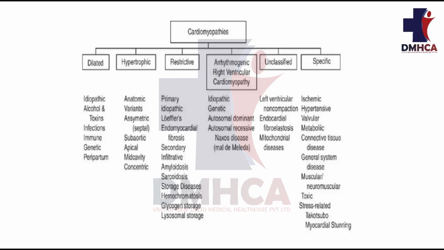Dilated cardiomyopathy may be idiopathic, alcohol-related, or due to infection, like now COVID infection also causes it. Genetic and peripartum cardiomyopathy are also considered dilated cardiomyopathy. Hypertrophic, you must be knowing, has a subaortic, apical, or mid-cavitary problem. Restrictive may be primary or idiopathic, and there are amyloidosis, sarcoidosis, all these things.